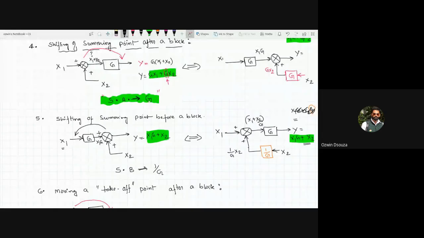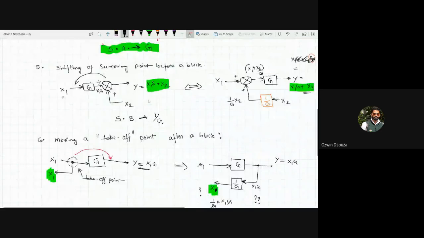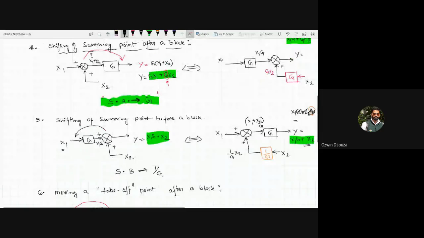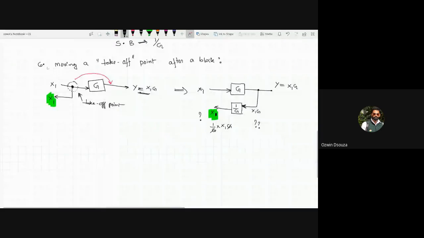On the other hand, if you move a takeoff point after a block, you will have to multiply with 1 by g. You know, 4 subrules you can easily write down. So that's the reason I said in the beginning it is sage. Summing point after is g. On the other hand, takeoff point after the block is 1 by g. Okay, so this is point number 6.